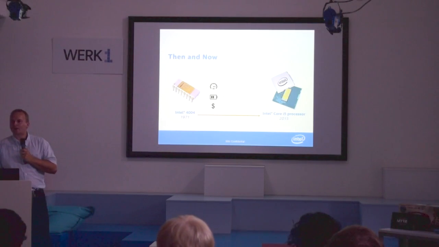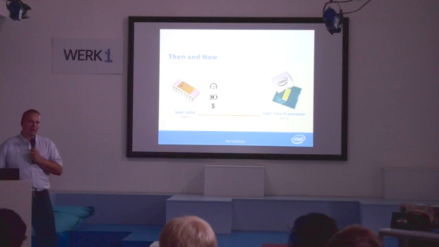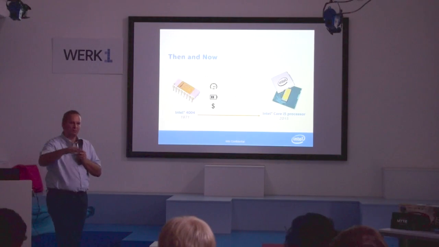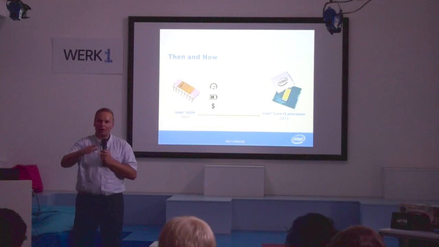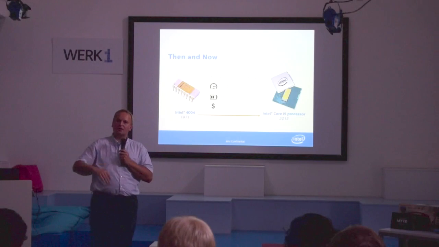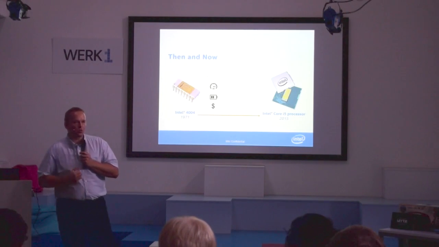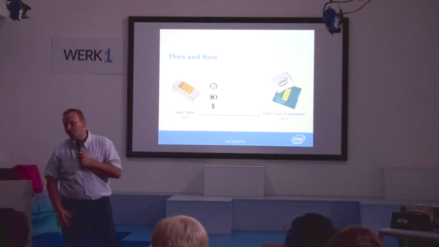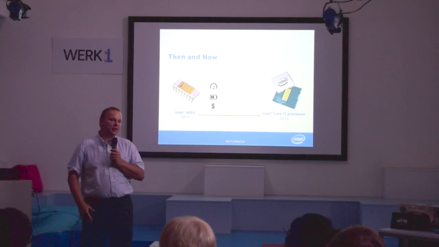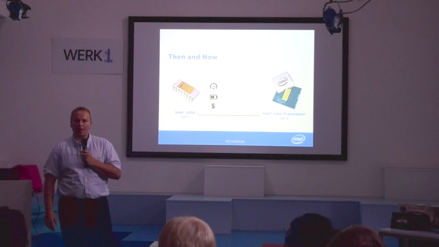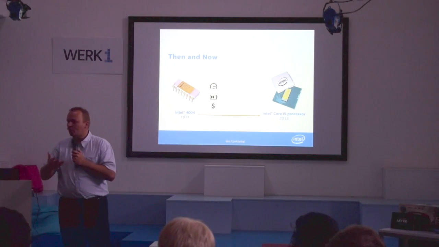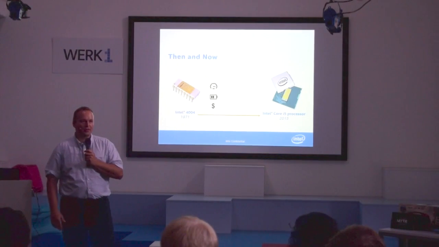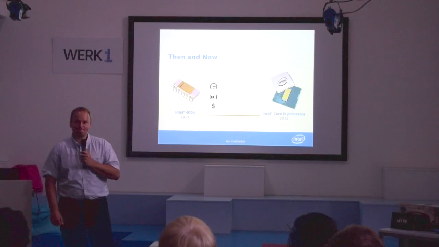So what actually happened is that the processor cost over time roughly stayed the same. You could argue going up and down a little bit, but roughly stays the same, but the number of features we put in, the number of transistors we invest in one processor, has increased significantly. So have the capabilities that we obviously hope you're going to use with the software that you're coding.